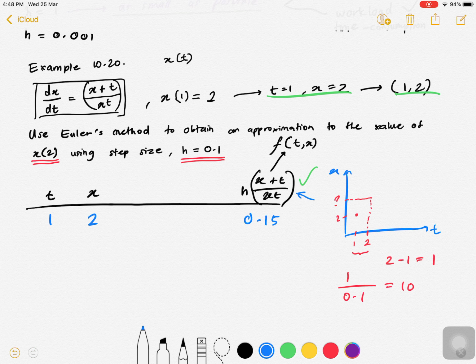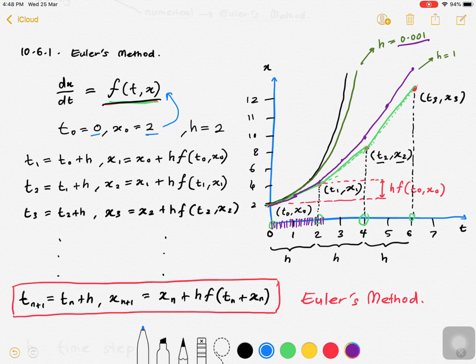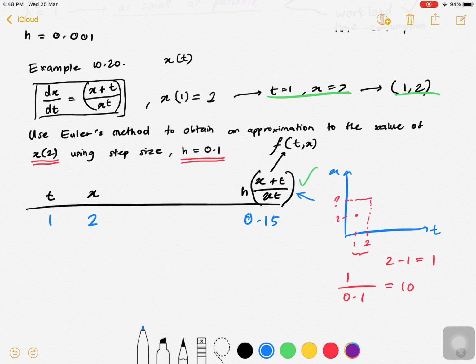This is the value of h times the function. What this value means is the increment of x. After I get this value, is it finished already? Not yet, because I want to find the value of x at t equal to 2.